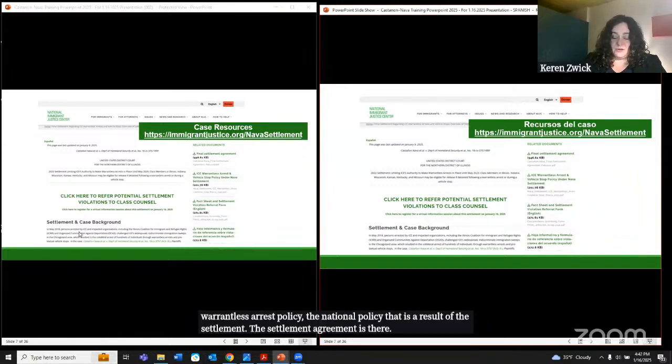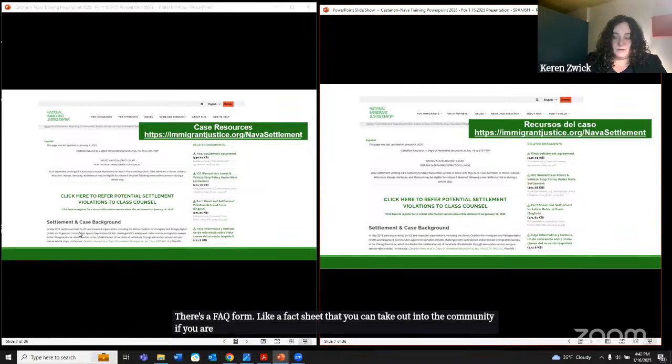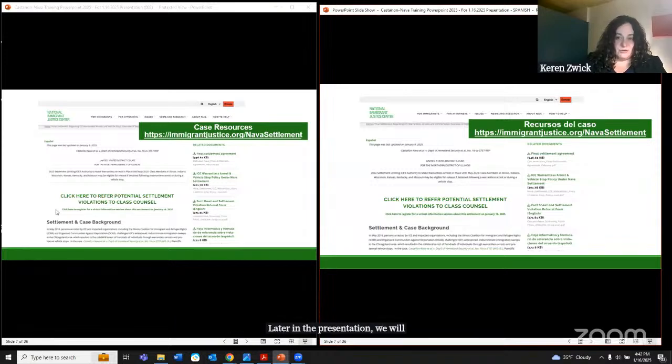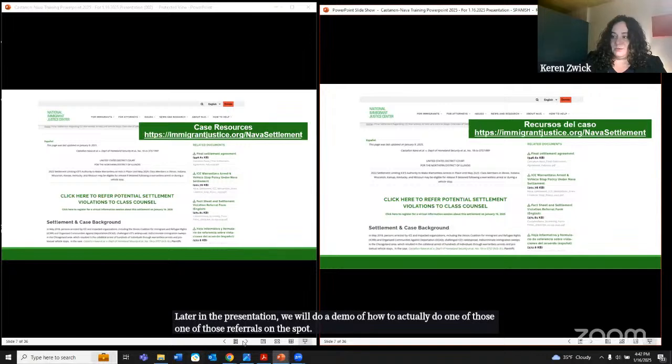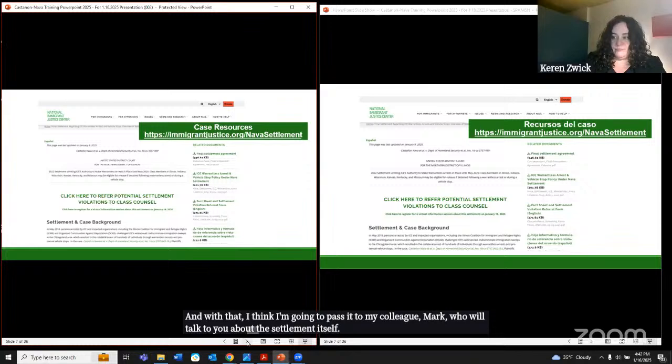There's a FAQ form, like a fact sheet that you can take out into the community if you are doing this work in the community. And then, very importantly, there is a button on the screen that shows you how to make a referral to us if you think that you have experienced a violation. Later in the presentation, we will do a demo of how to actually do one of those referrals on the spot. And with that, I'm going to pass it to my colleague, Mark, who will talk to you about the settlement itself.